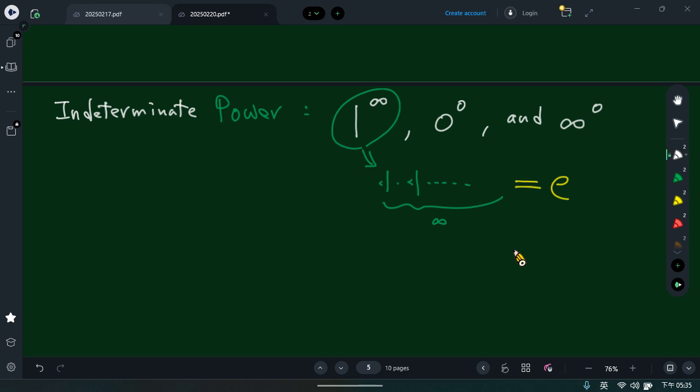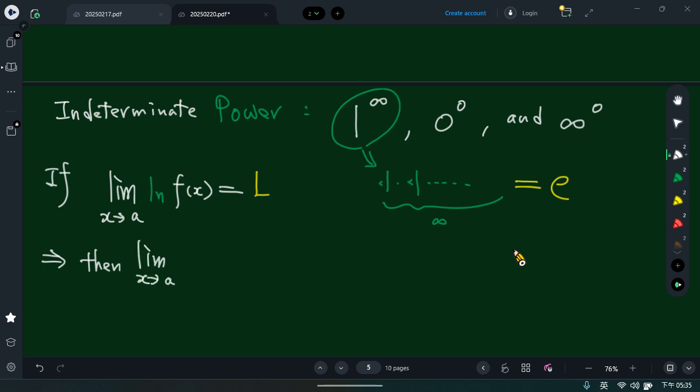Okay, so let me just show you the general concept. If we can calculate the limit as x approaches a of ln f of x, and the result is L, then we can get the limit as x approaches a of f of x as the limit as x approaches a of e to the power of ln f of x, right?